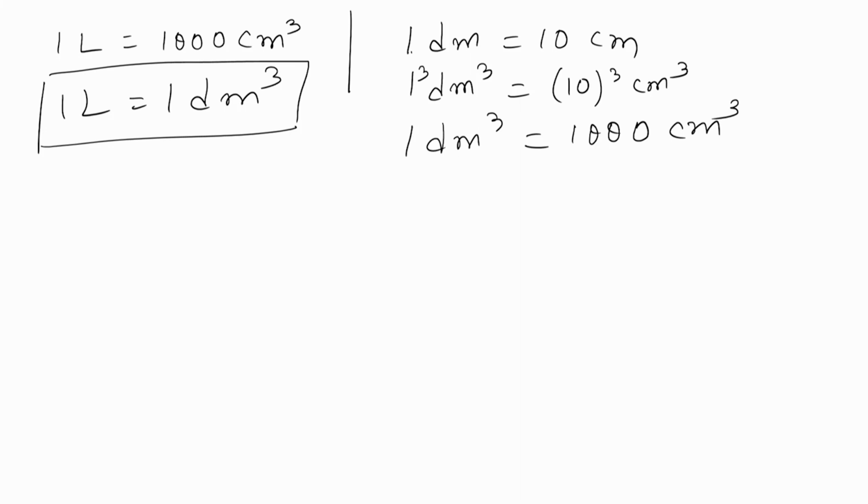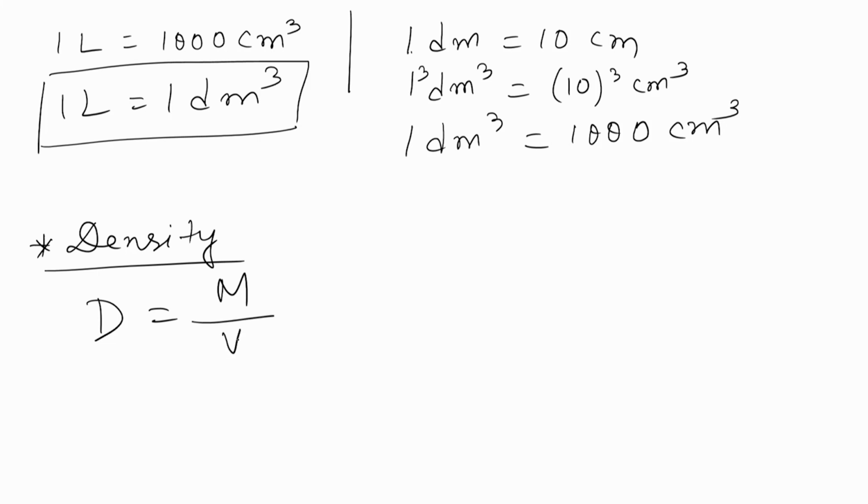The next entity that we will learn is density. So what is density? If density is D, then density equals mass divided by volume. The SI unit of mass is kg and the SI unit of volume is meter cube.